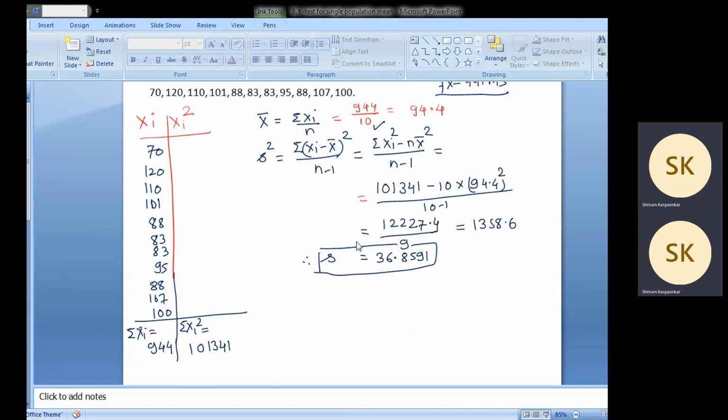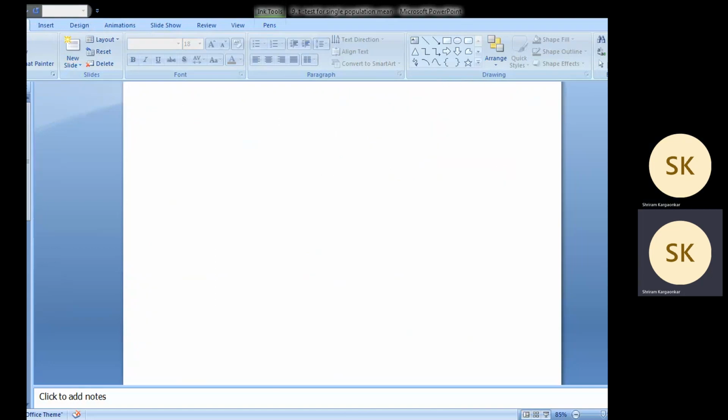It is 94.4. Okay, these values were there. So it was 94.4 and 36.8591. Okay, so let's solve this.